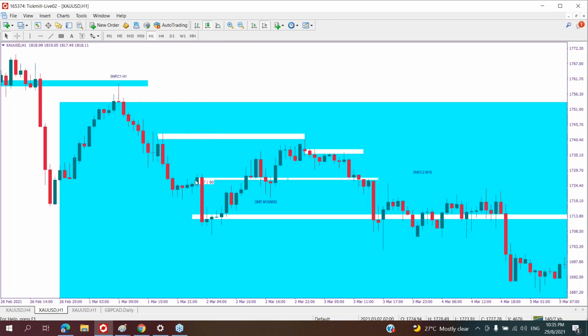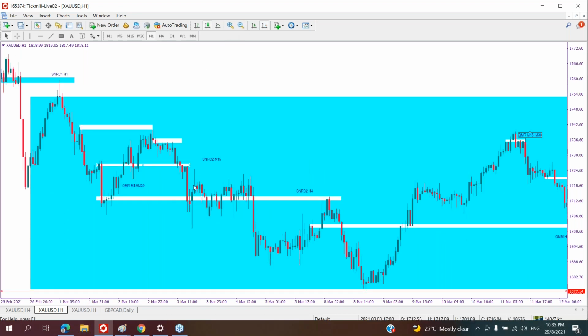After price closed beyond the entry point, I started to cut loss. I'm not going to hold it for a long time.